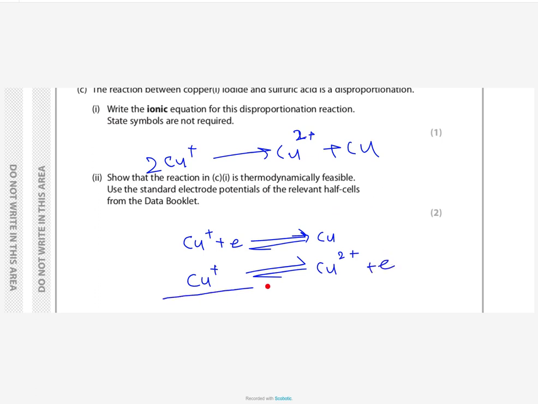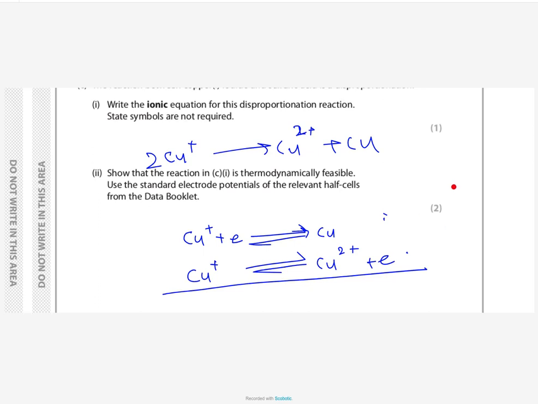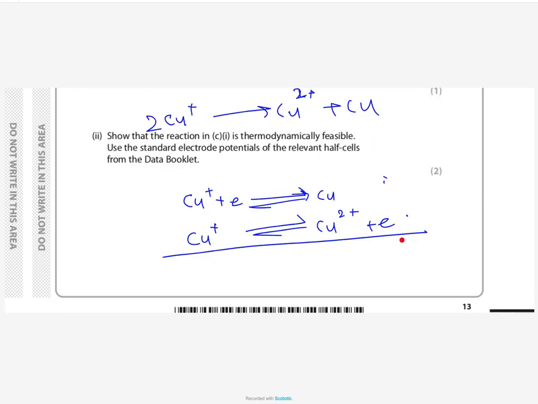You have to get the electrode potential values here, then calculate the E cell value, which is E cathode minus E anode, and construct the overall equation. You have to prove that the overall E cell value is positive. If it is positive, then the reaction is said to be feasible.